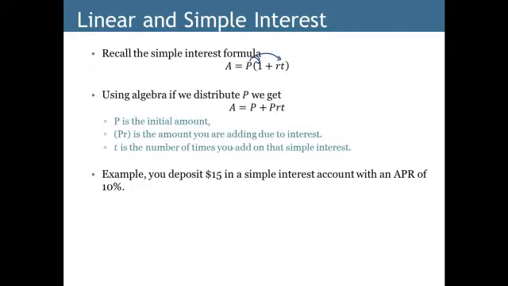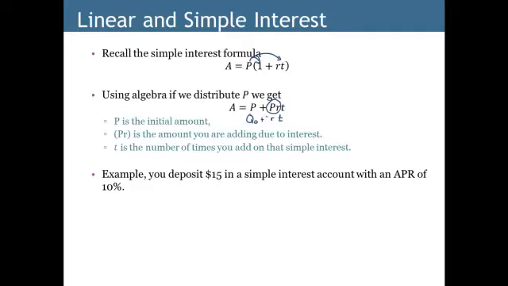All right, so P is the initial amount. The PR, that is actually your rate, the amount you're adding due to interest, and then T is your time. So this is really Q naught plus RT. It's just we had to take P times R to get the amount you're adding every time.